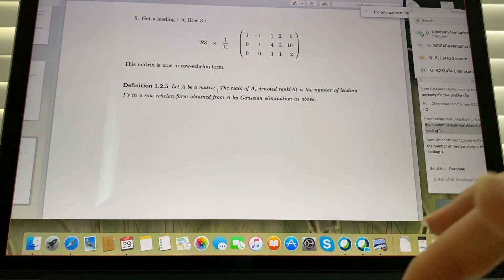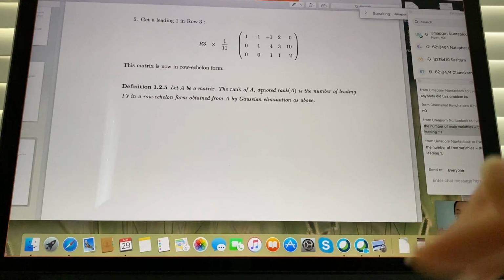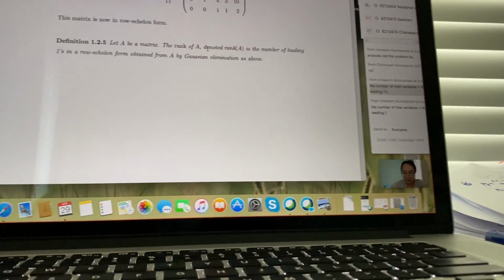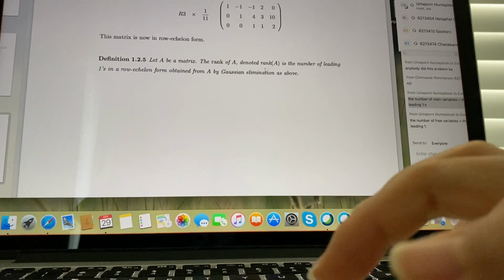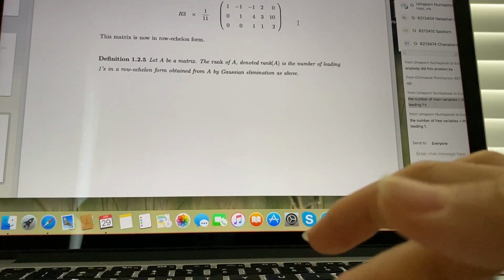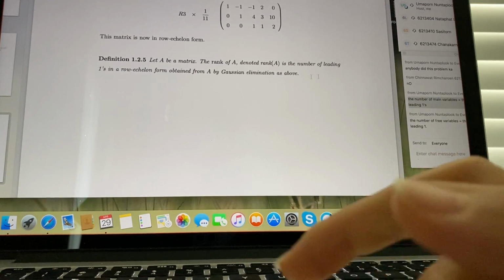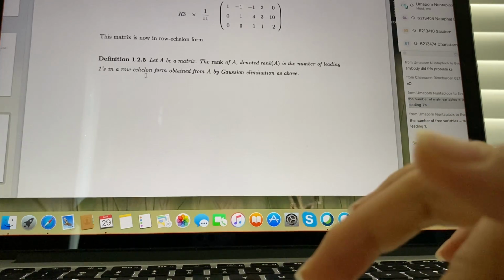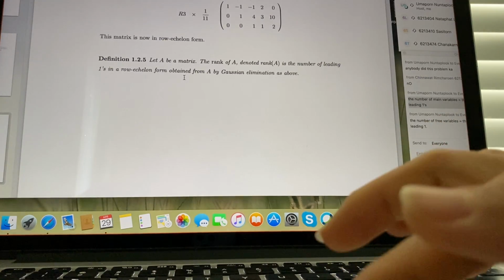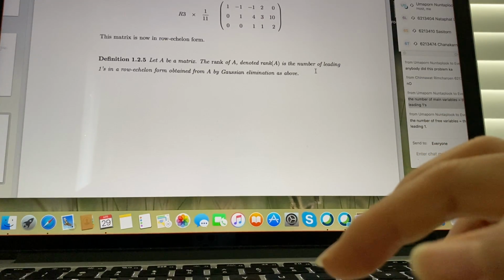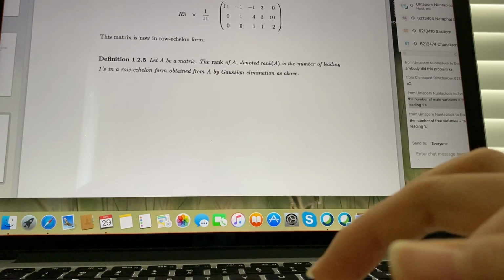And let's see this definition. Now you know the rank. We're going to talk about the rank again shortly. The rank of matrix A is the number of leading ones in a row echelon form. That means you have to do row echelon form first, and then you just count the number of leading ones.